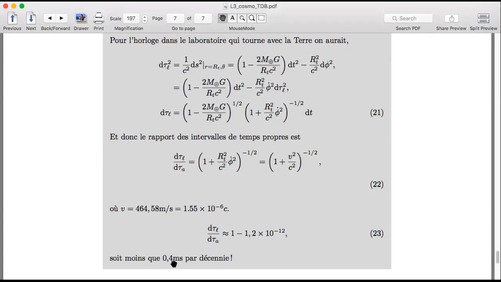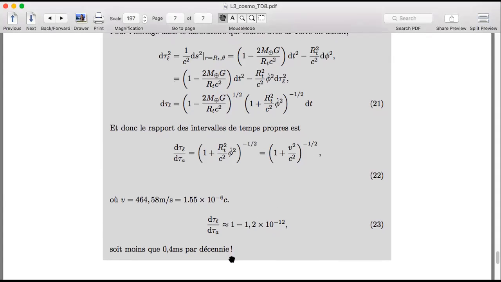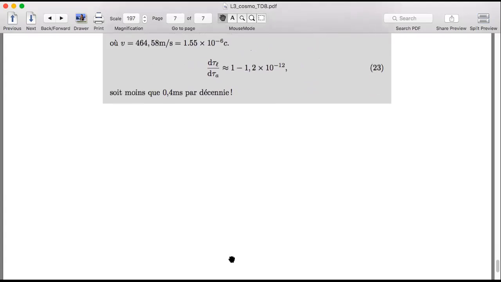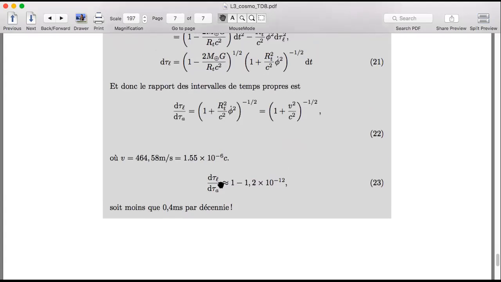So that would be less than half a millisecond in a decade. And so this is really quite negligible. So we finally got something that's not worth correcting our result for.